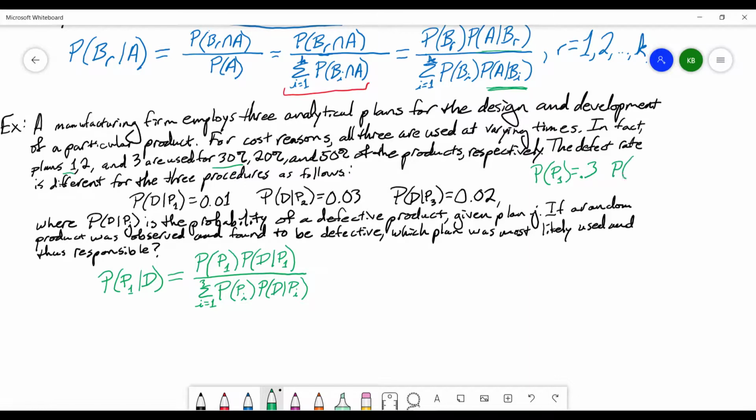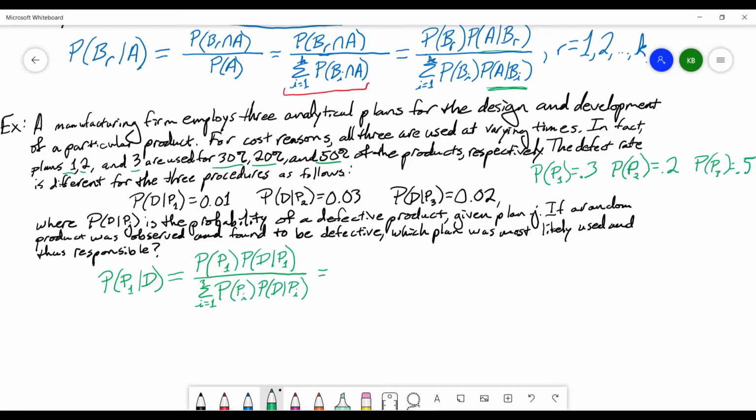Similarly, plan 2 is used 20% of the time, so this will be 0.2. And finally, the probability of plan 3 being used is going to be 50%, so 0.5.